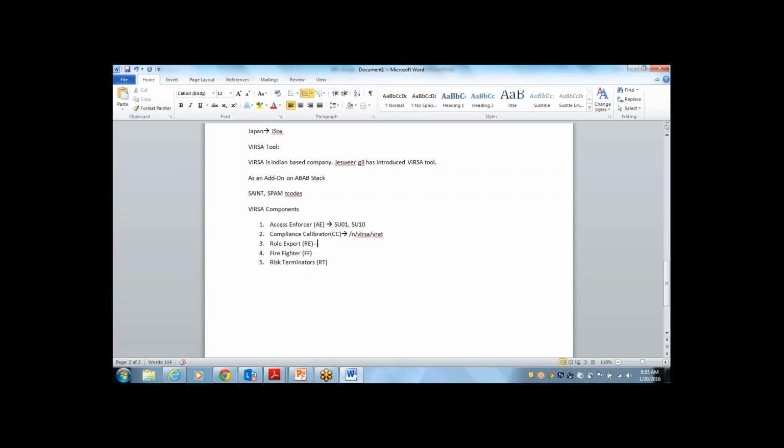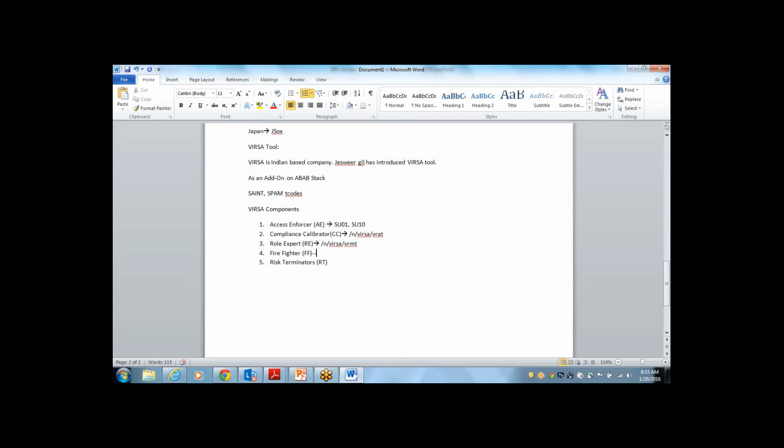Okay, so VIRSA is a transactional based ABAP stack. Remember, and I will come to this point later. So the simple thing is the VIRSA tool is transactional based, and it's an ABAP based tool. If you want to access the role expert part, you have a transaction code called /n/VIRSA/VRMT.